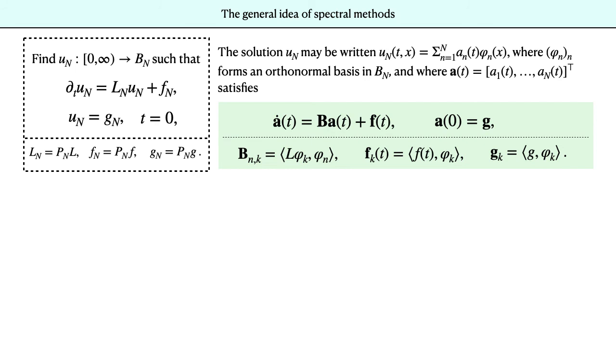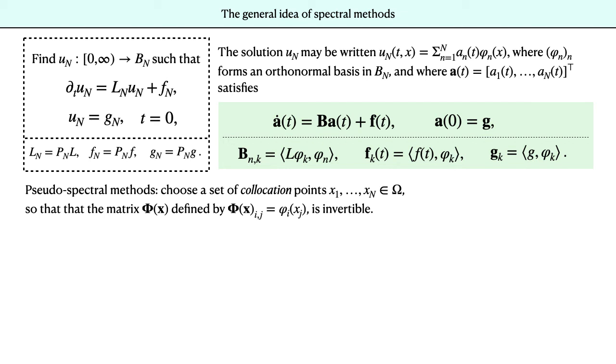And here's a quick explanation for how they are deployed. So pseudo-spectral methods, it's not that you don't use a set of basis functions. You still use a set of basis functions, but you only use the basis functions evaluated at endpoints in your domain. It's important that the basis functions don't look too much the same on these endpoints.